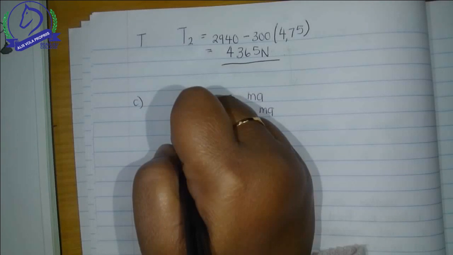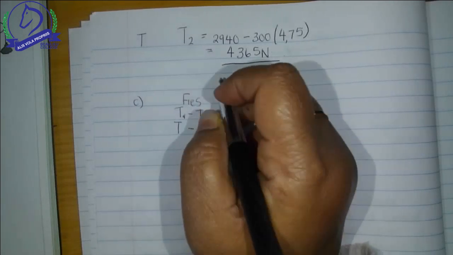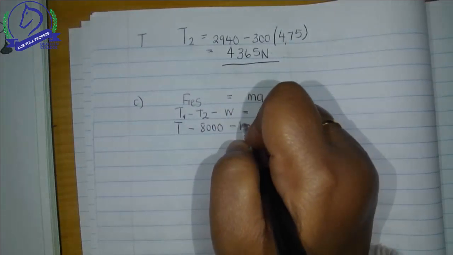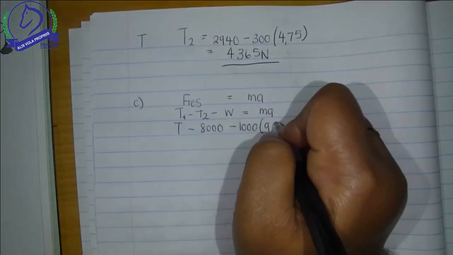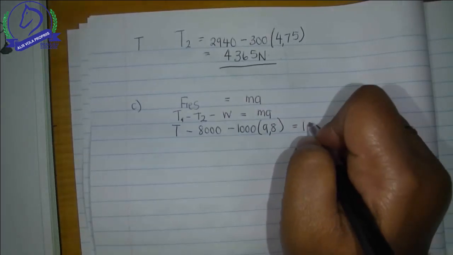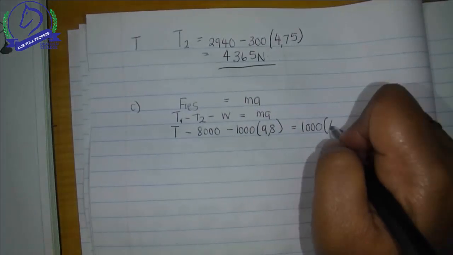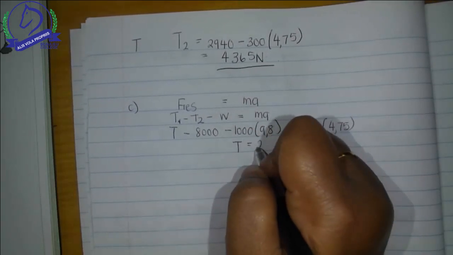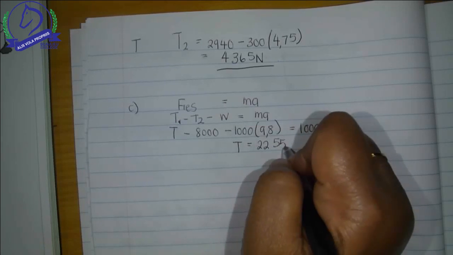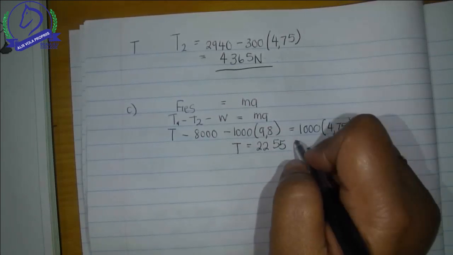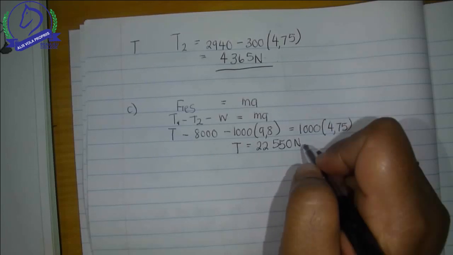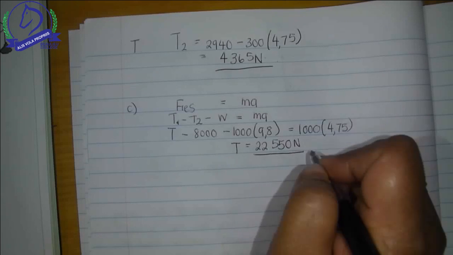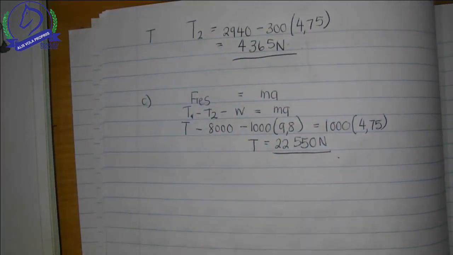So it's just your thrust there, that's what we want, minus 8,000 minus 1,000, which is the mass of the helicopter, is equal to the mass of the helicopter multiplied by the acceleration, and that T is equal to 22,550 newtons.